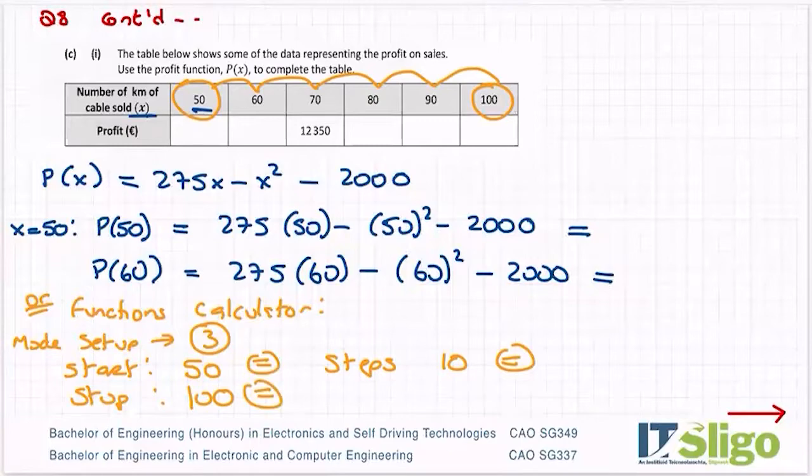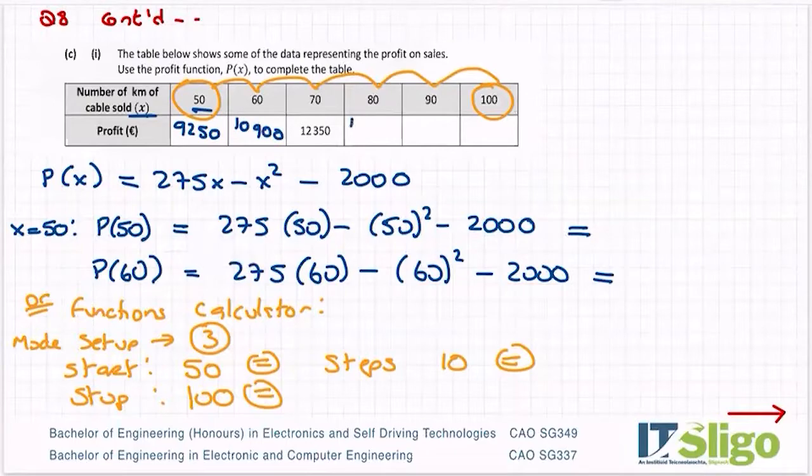Okay, so again, I'm going down to 70 to see, do I get 12,350 on my calculator? And I do, so I'm confident. So what I'm getting for this one is 9250 for 50, 10,900 for 60, 12,350 for 70.